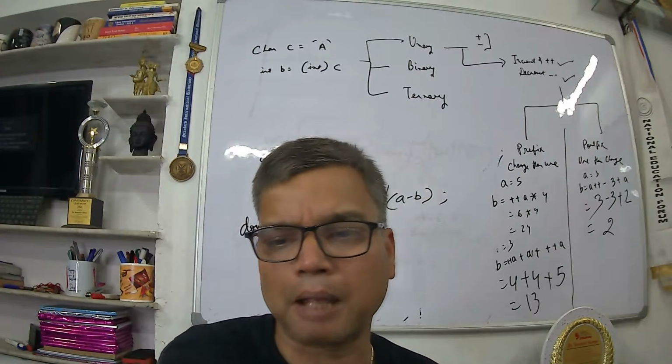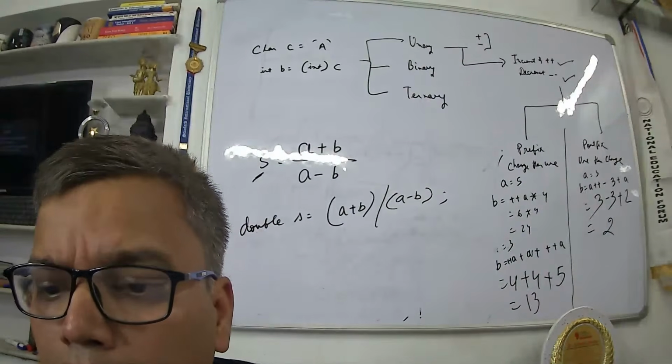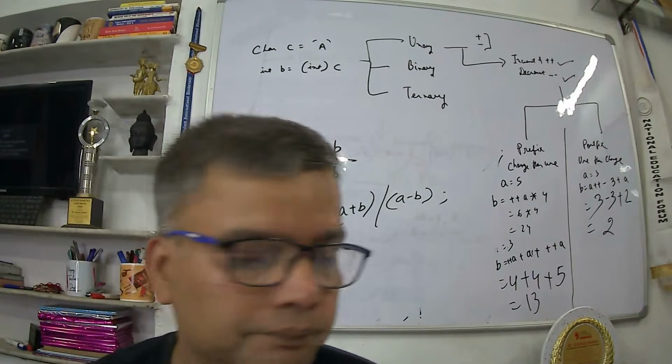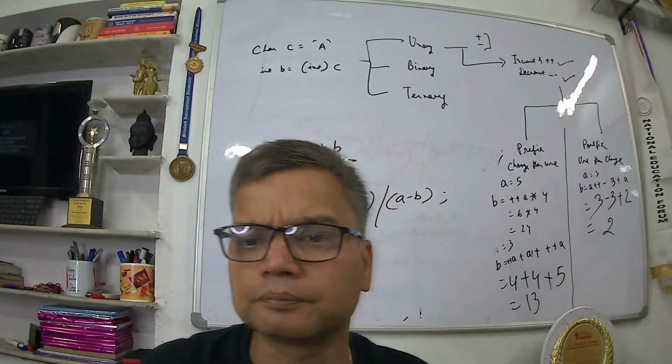Then we have math.max to find the bigger of the values. Math.min is to find the smaller number.